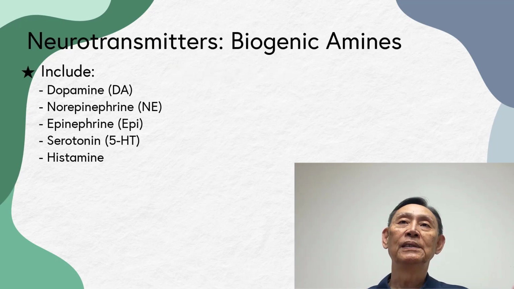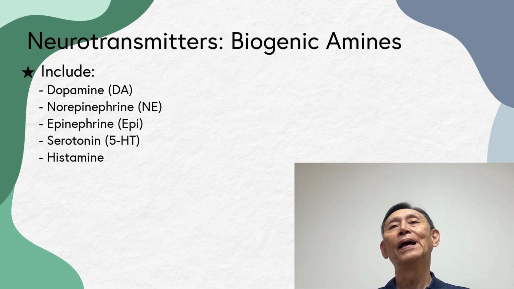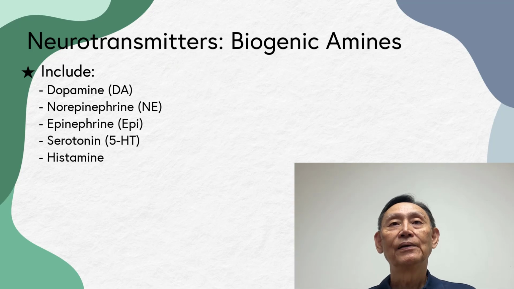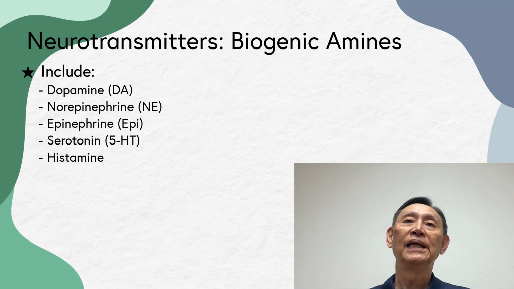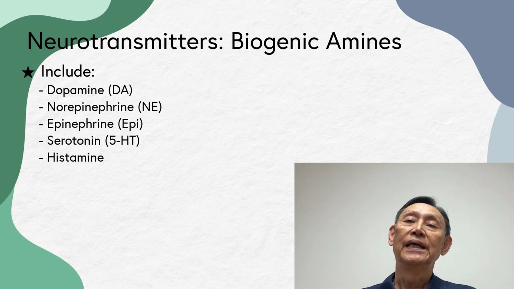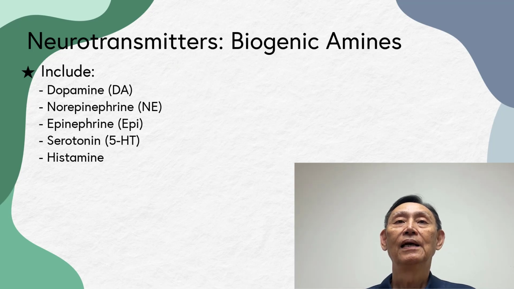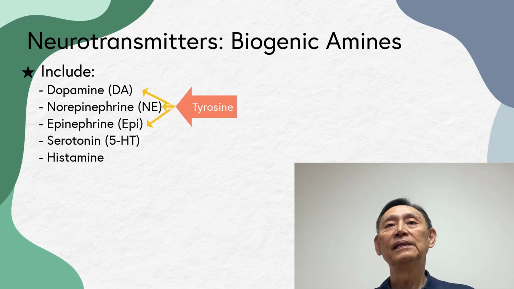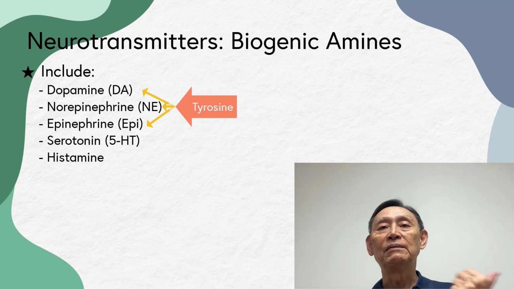Now we get to the other largest group of neurotransmitters, called the biogenic amines. They include dopamine, norepinephrine, and epinephrine, also serotonin and histamine. They are all derivatives of amino acids. Dopamine, norepinephrine, and epinephrine are derivatives of tyrosine.